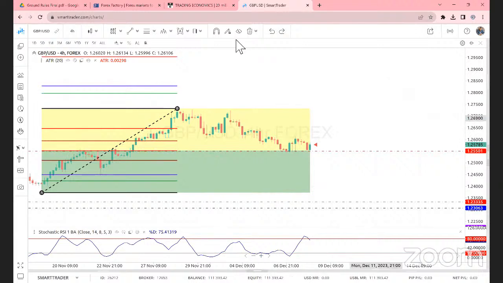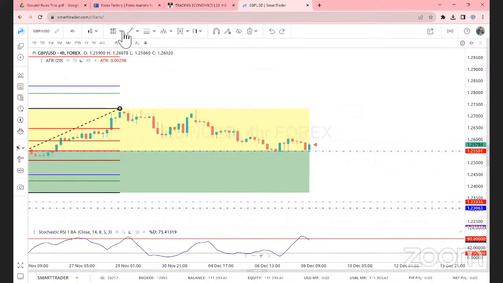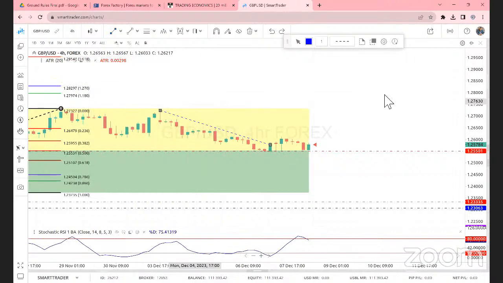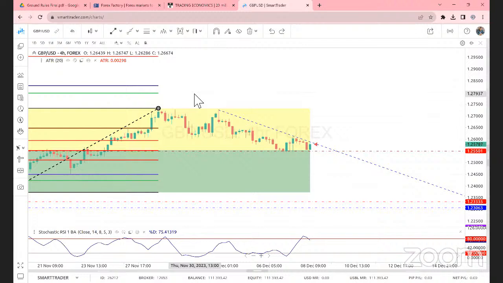Stochastic's not aligning though, right? But you can see where it's holding here. Yeah, because that went flat. So play that like that.